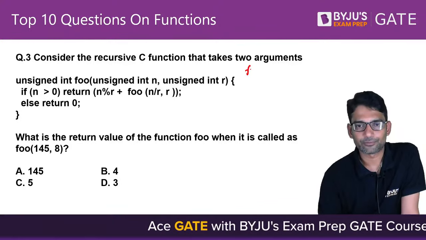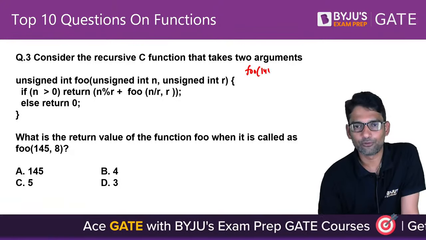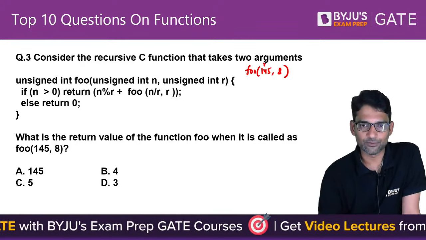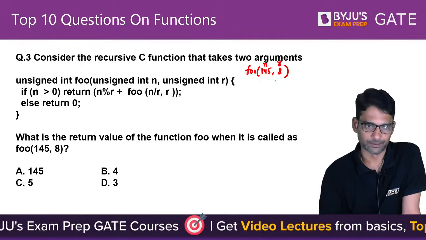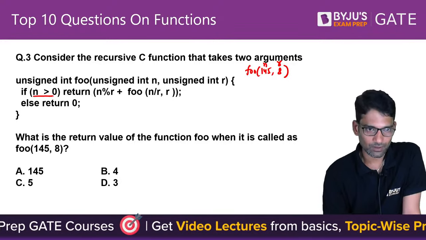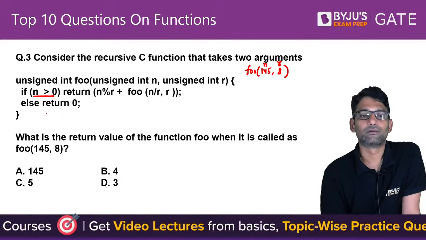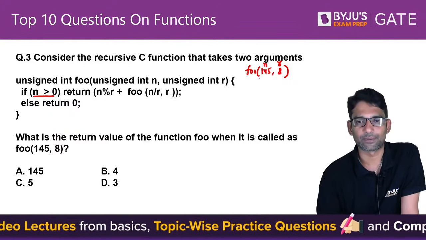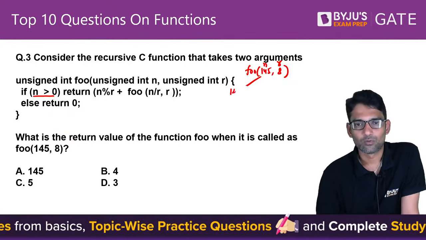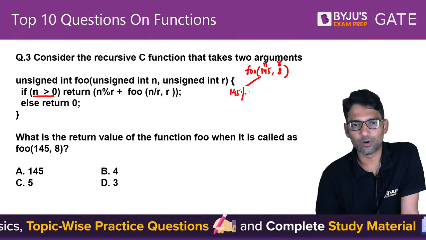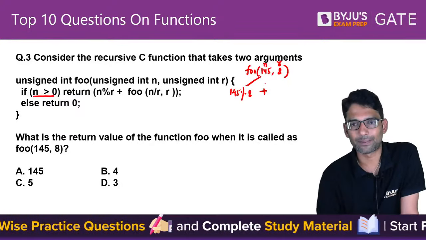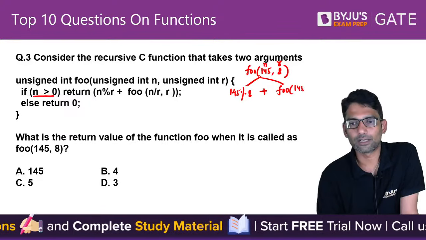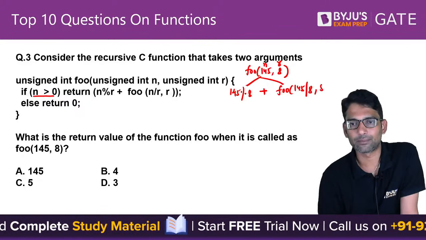Foo of 145, 8. N is 145, R is 8. Until n is greater than 0, this will happen. So it is 145 mod 8 plus, recursively, foo of 145 divided by 8, 8.